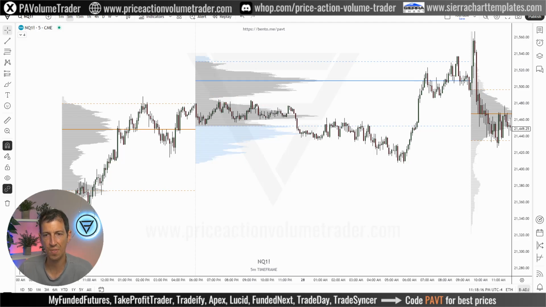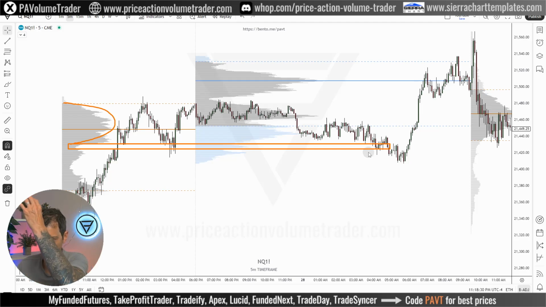If we look at the high volume nodes, we have a high volume node here. So if we extend this area where the volume's cut, better known as the low volume node, you can see that this was an area that gave us some support here.